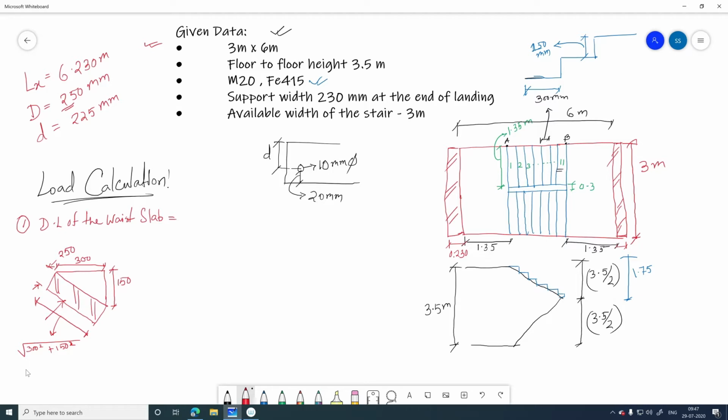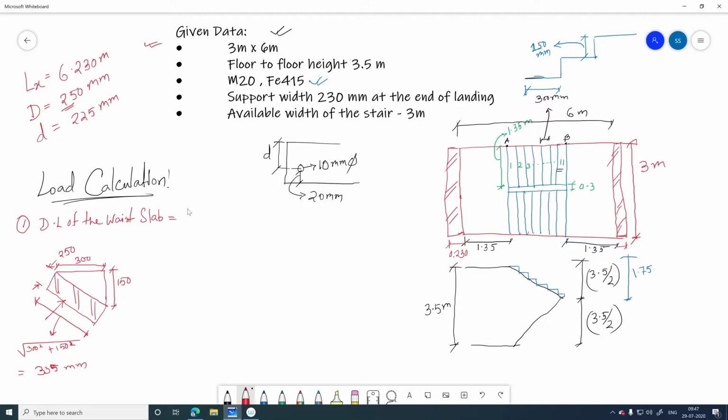So the value that we get after calculation, it will be near about 335 mm. Okay. So we got this length, that is 335, and we know the depth, that is 250.